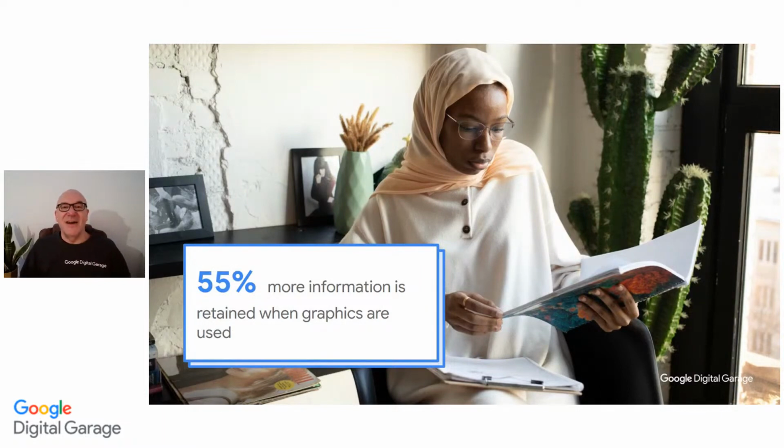There are phrases which capture the importance, I think, of imagery and graphics and painting that picture in the mind. When people hear information, they're likely to remember only 10% of that information 3 days later, on a general text or verbal basis. However, if a relevant image is paired with that same information, then people retained 65% of that information 3 days later.